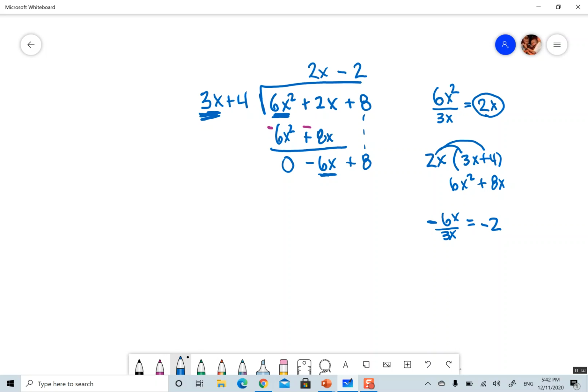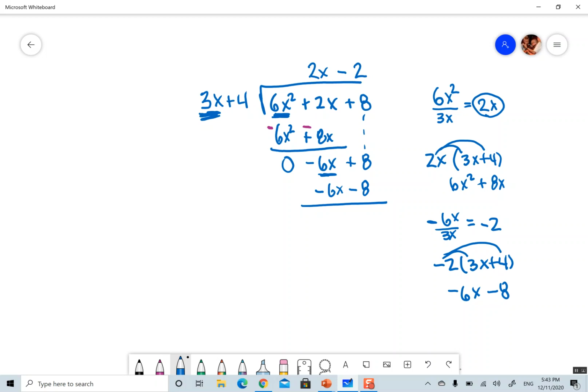Then, like before, I take the minus 2 and multiply it by the 3x plus 4. And that minus 2 will distribute through. Minus 6x. Minus 2 times 4 is minus 8. And I put it beneath. Minus 6x, minus 8.